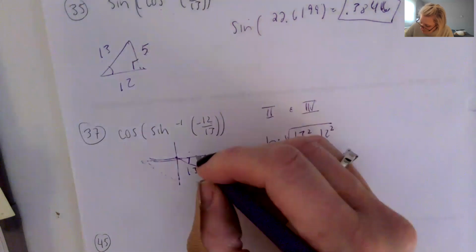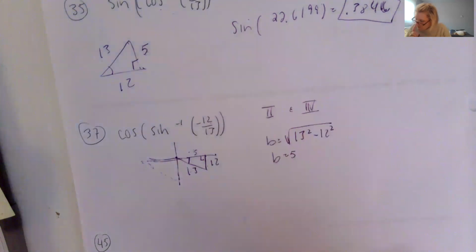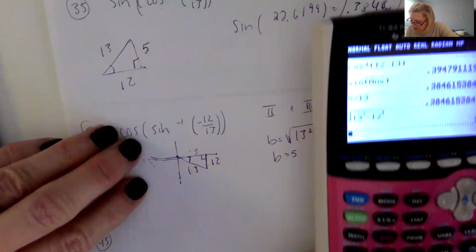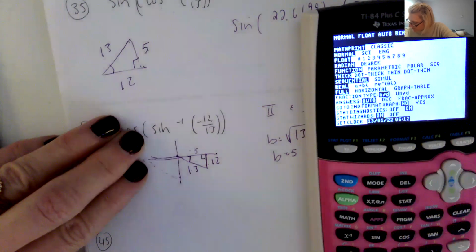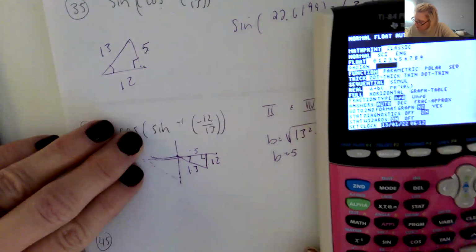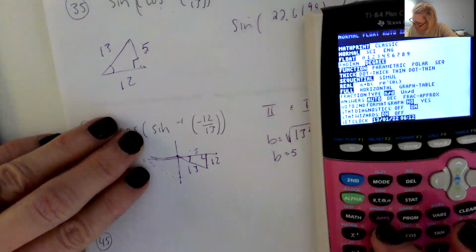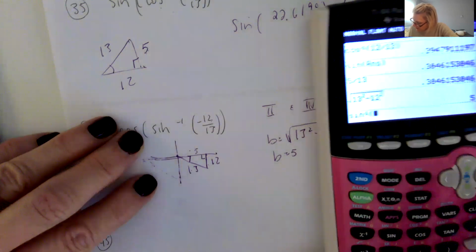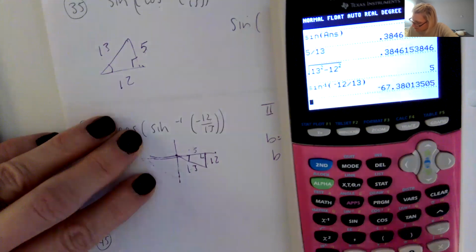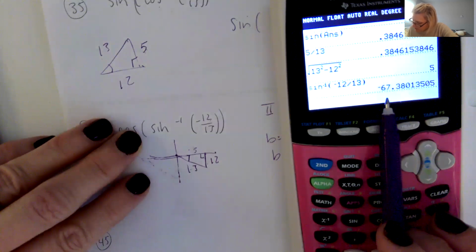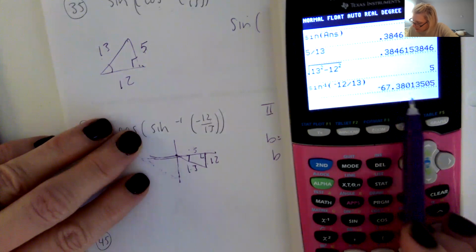So this side is 5. And so if we have our mode in degrees, and we do the inverse sine of a negative 12/13, it's going to be at this degree, 67.38.